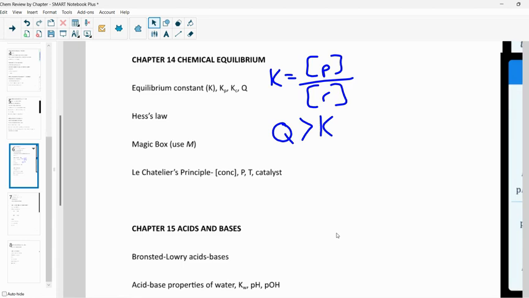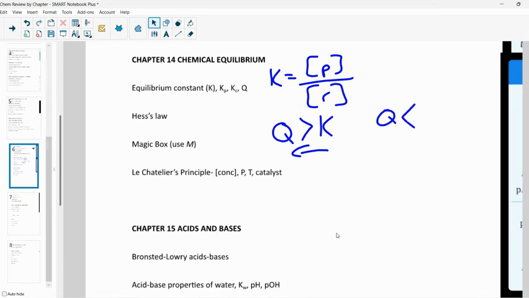We're not at equilibrium, but we end up with a Q value that's greater than K. We have too many products, not enough reactants. So we need to go in reverse so that my products get smaller, my reactants get bigger, and then that'll get me back to equilibrium. All right. So in this case, I'm going to shift backwards to get to equilibrium.